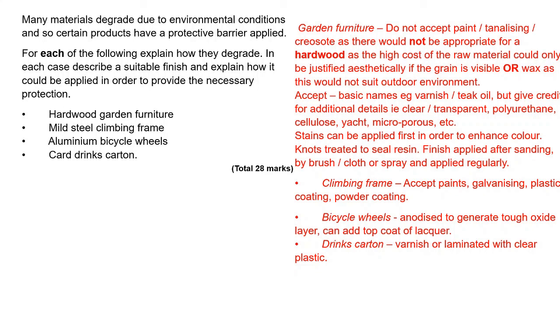If it was say like MDF, you would paint it because it doesn't look very nice. But if you get hardwoods, typically you're keeping it for the natural grain to look nice. So that is why you would use things like varnish, teak oil, Danish oil, like that. Okay, so that's why it says here. So accept basic names varnish, teak oil, or polyurethane, yacht varnish, things like that, and stains.